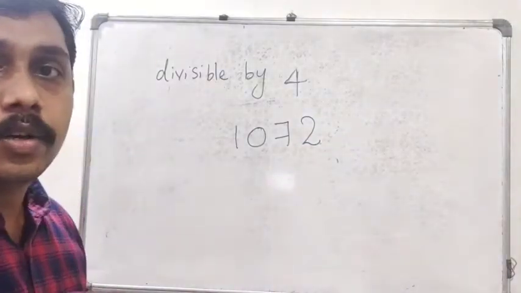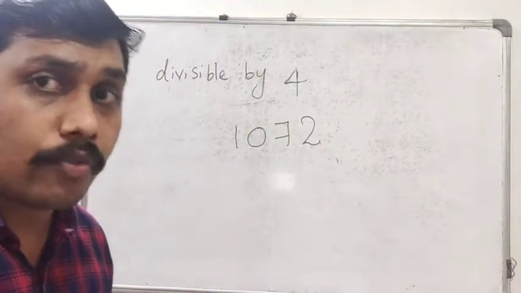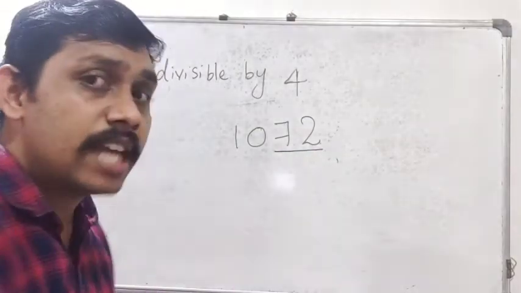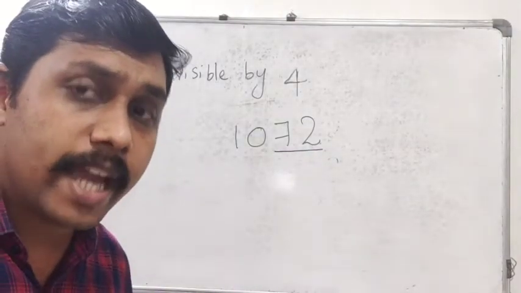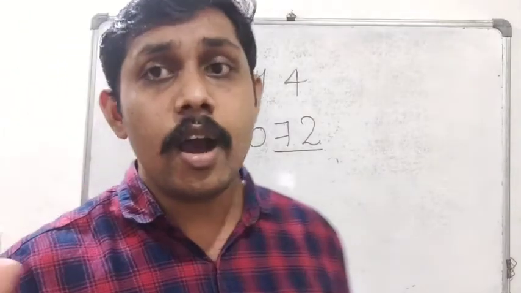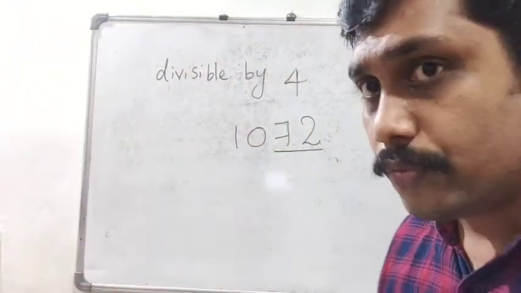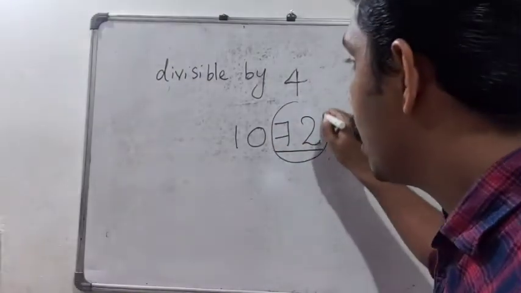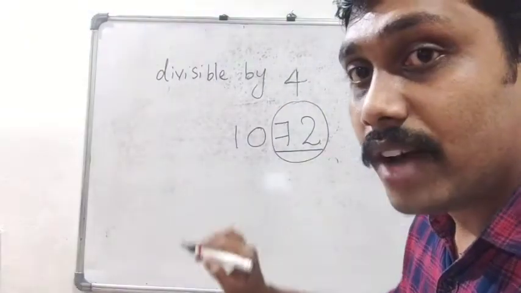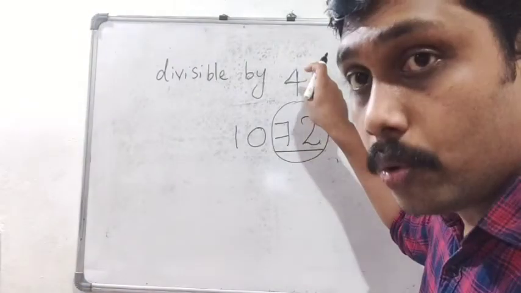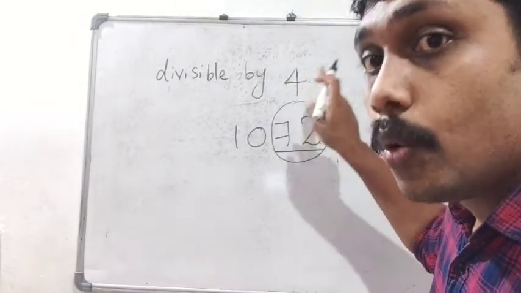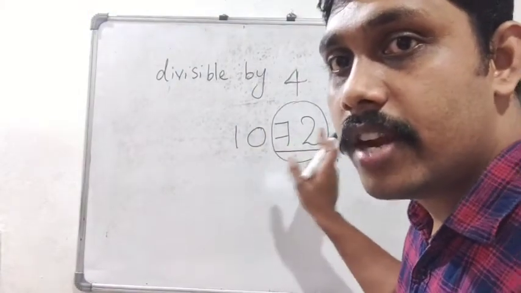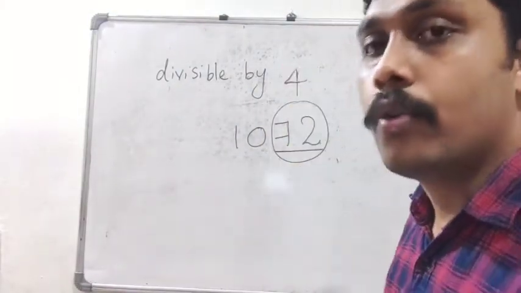For checking the divisibility of 4, we need to consider these two digits, that is the digit in the tens place and the digit in the ones place. If we can divide this number by 4, then we can divide the whole number 1072 by 4.